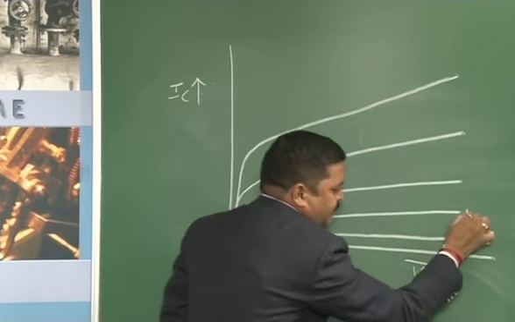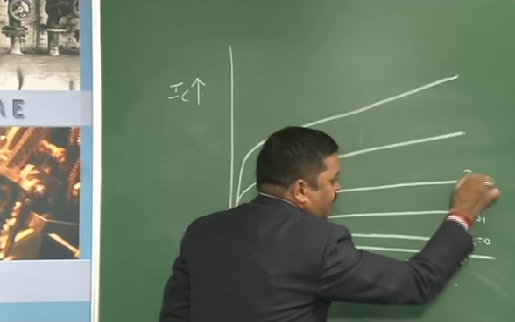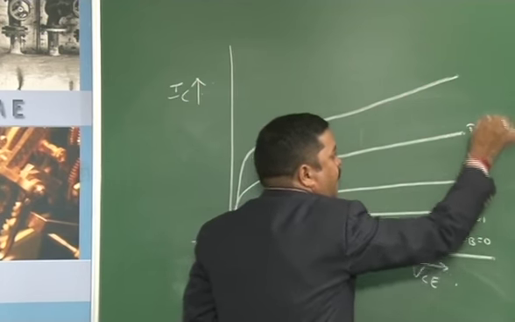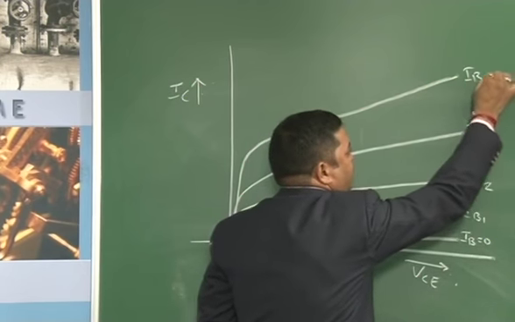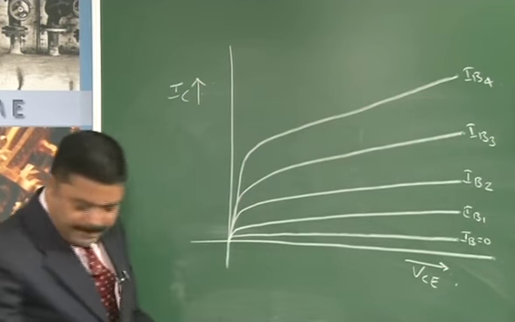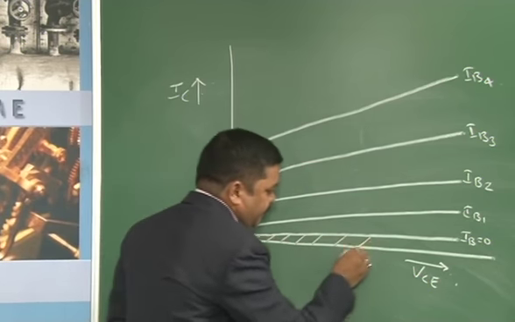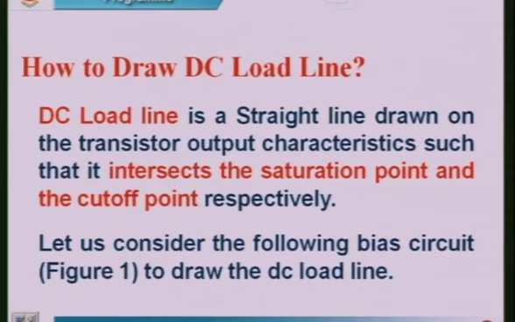Let me call these IB1, IB2, IB3, IB4. The region below IB equal to 0 is called the cutoff region, which we have already discussed.